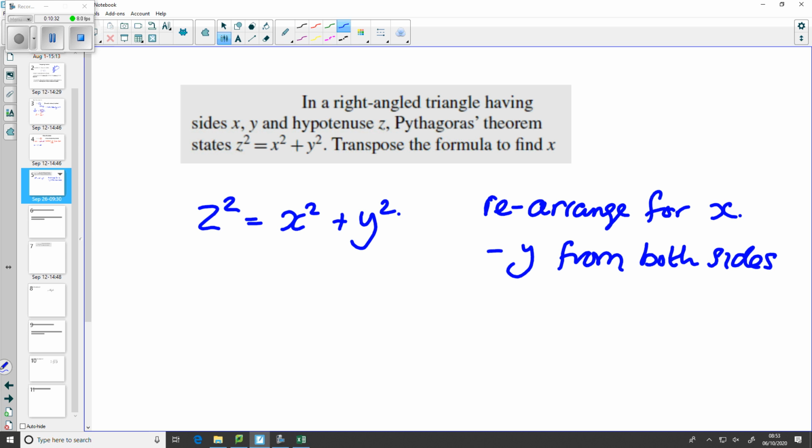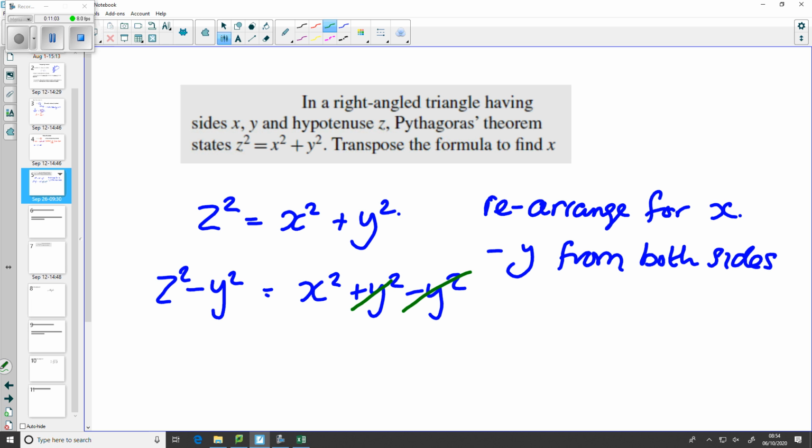So we do z squared minus y squared equals x squared plus y squared minus y squared. At this stage I'm writing them all out. Yeah. And those two, plus y squared minus y squared, cancel out. So that leaves just x squared is equal to z squared minus y squared.